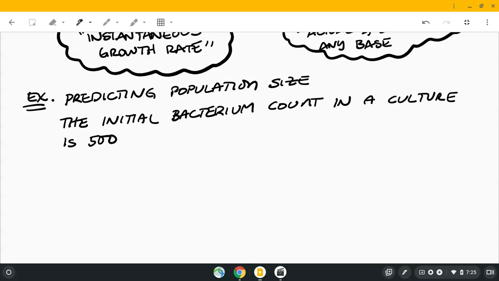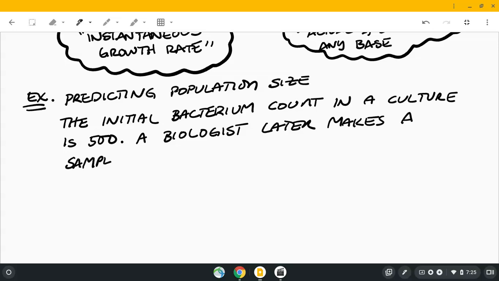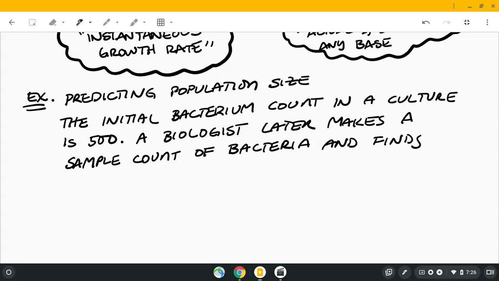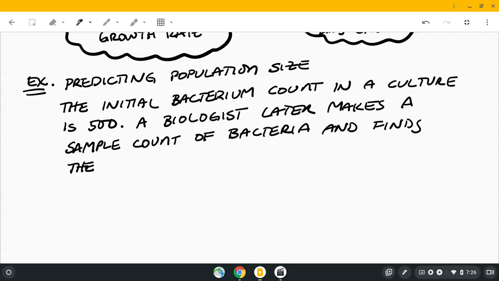A biologist later makes a sample count of bacteria and finds the relative growth rate is 40% per hour.